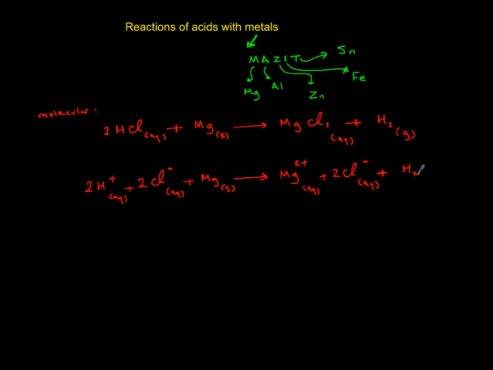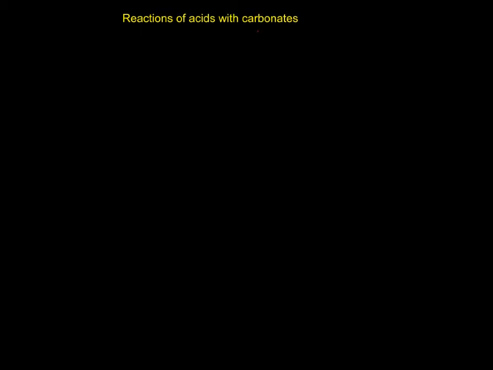Gases cannot be separated, H2 gas. And this is the ionic version of this reaction. But going back to what's important, acids react with metals to give you salt plus hydrogen gas. That's crucial to remember and be able to write the equation. So acid plus metal.